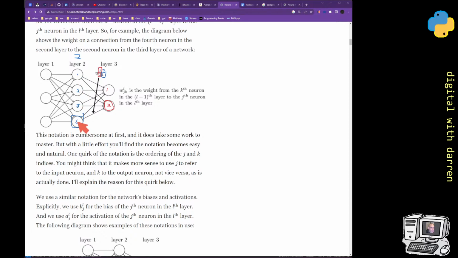So we've now got a much better understanding, because I've color coded it, of what the W L J K actually means and how it translates. Finally, it means this actual line over here going in this direction. And if we swapped the notation around, then it'd be the line going the other way, because that's how mathematics works. It's symmetrical.